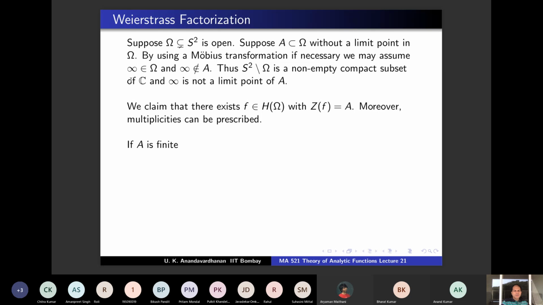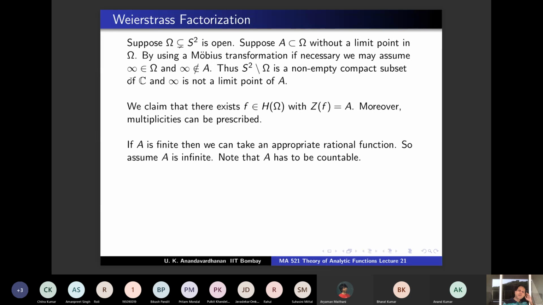So the word is rational function. Yes, a rational function. So if A is finite, then we can take an appropriate rational function, and there's nothing more to do. So you can assume that A is infinite, and then A has to be countable, right?